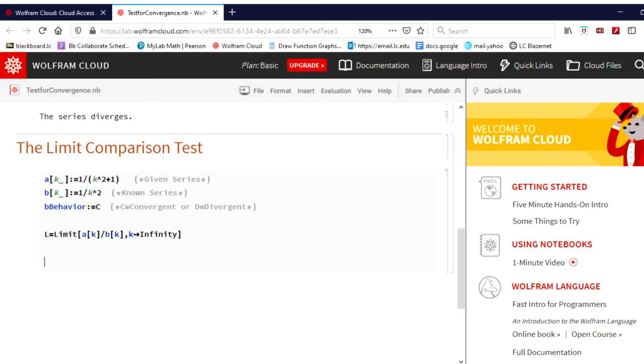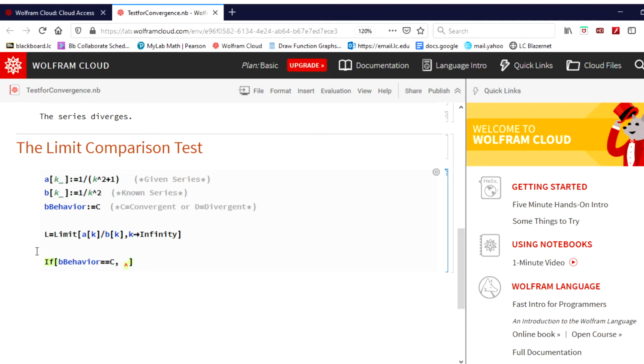The first if statement we're going to make here is going to look at B's behavior. If B's behavior is equal to the value of C. Now in Mathematica, folks, to denote things equal to each other inside conditions, you do have to use a double equal sign.